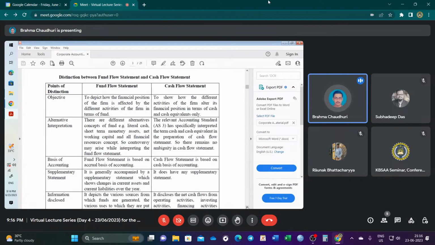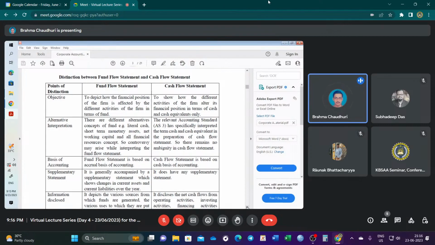Now, the basis of the fund flow statement is the accrual basis of accounting, and the cash flow statement is on the cash basis of accounting. So the fund flow statement does not deal with the actual cash receipts or actual cash payments, but with what should be the actual expenses and income for a particular accounting period, for a particular 12 months.